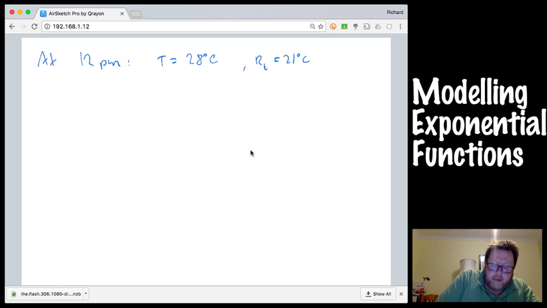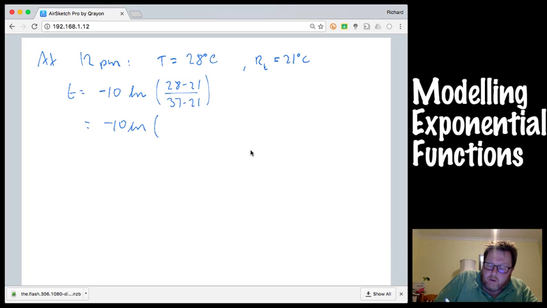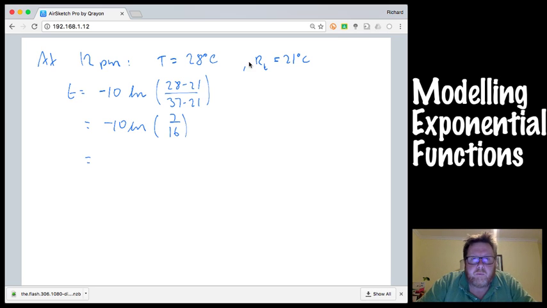So let's work that out. T is equal to negative 10 ln of 28 minus 21 over 37 minus 21, which equals negative 10 ln of 7 over 16, which equals, let's have a look, use our calculator.